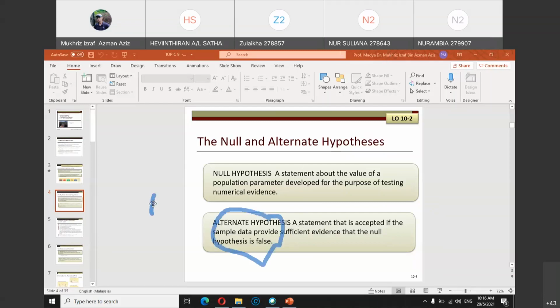So that's why whenever you perform hypothesis testing, as I mentioned before, start by constructing your H1 first. What do you want to test? If you feel that it's not 500 ringgit but more than 500, then H1 will be that the mean should be more than 500 ringgit.